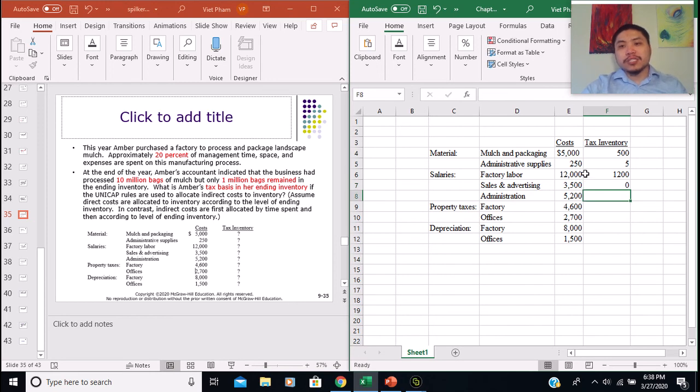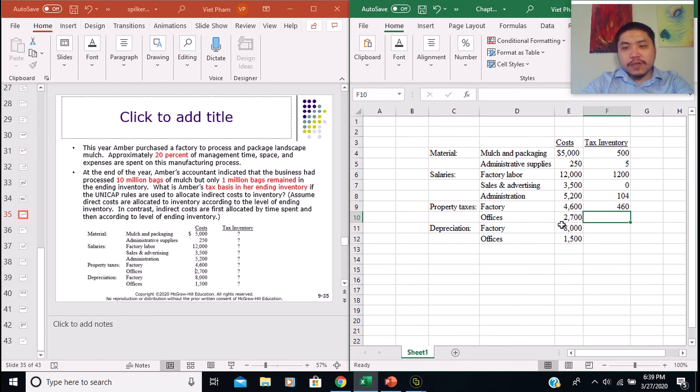Salary for administration staff is again an indirect cost, so we take 5,200 times 0.2 and times 0.1, so 104. For property taxes for the factory, this is a direct cost because the factory is where we produce the stock. So again, for direct cost, we use the 10%, which gives us $60.